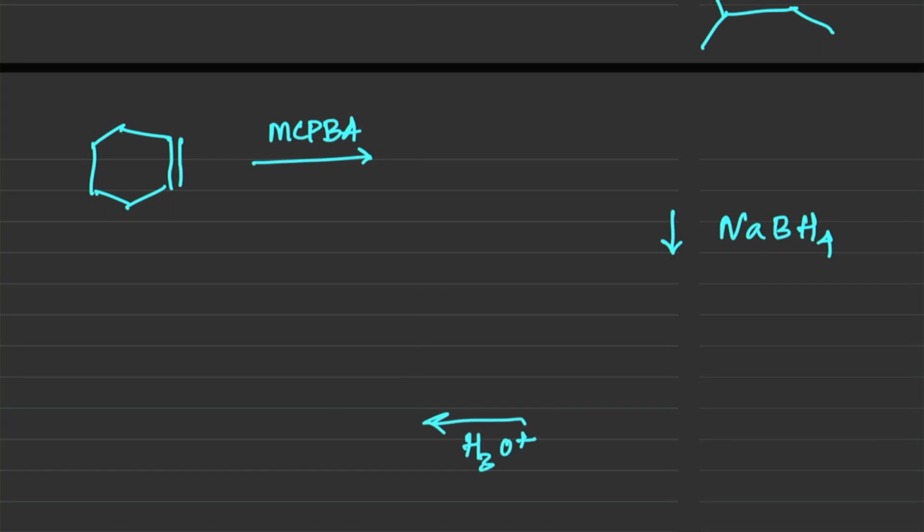Okay, so what would be the product in each scenario? So we know that MCPBA would make an epoxide on our alkene double bond, so we will make an epoxide. Okay, so that part is good.